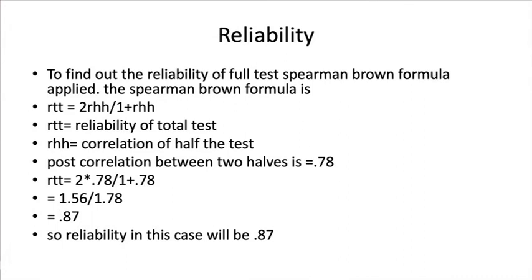So, that means you see, if it is two halves, 0.78, what is reliability? True variance. What is the amount of the true score and what is the amount of the error variance. Now, if the reliability is 0.78, that means 0.22 subtracted from 1, 22% error variance and 78% true variance.